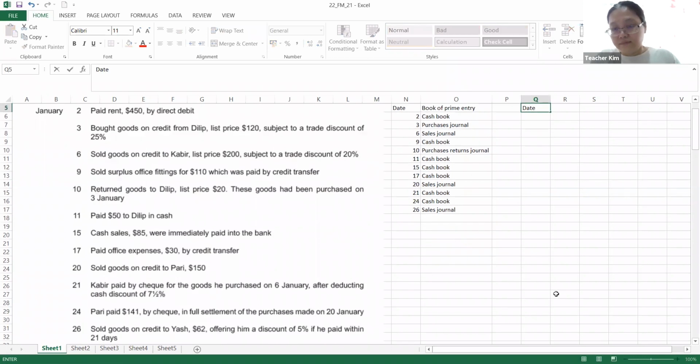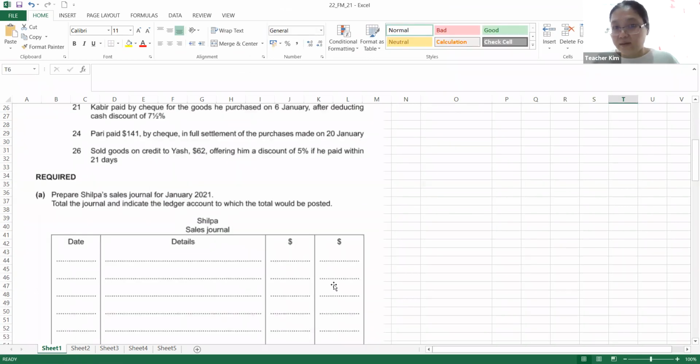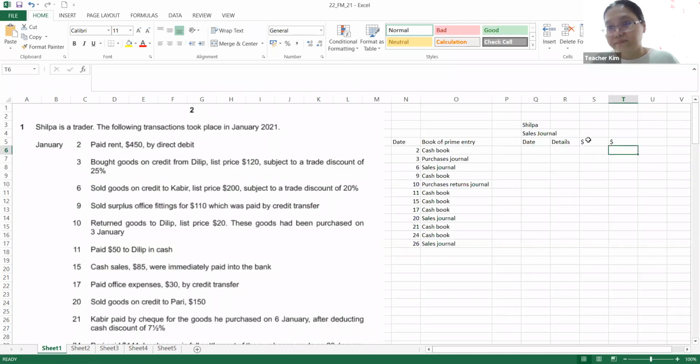Date, detail. This dollar is not a debit and credit concept. Sorry, this is sales journal. This is not the debit and credit concept. This is a sales journal. General journal only is a debit and credit concept.